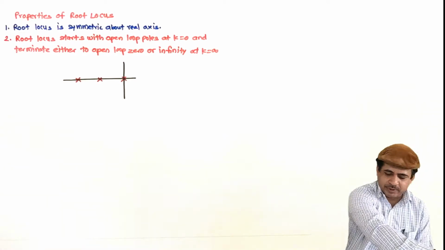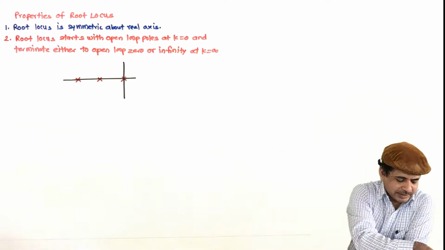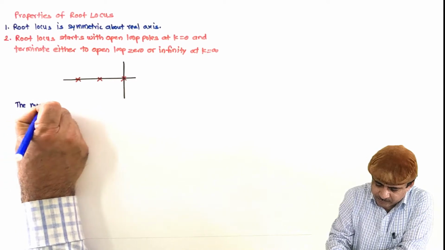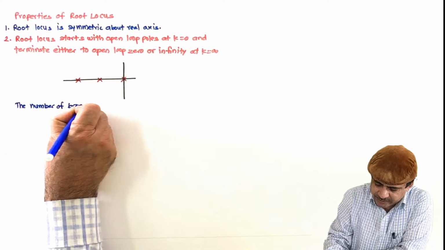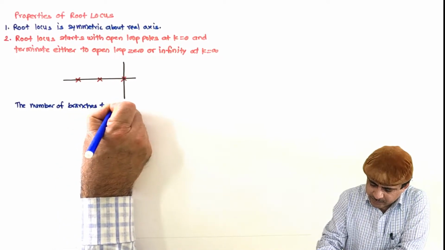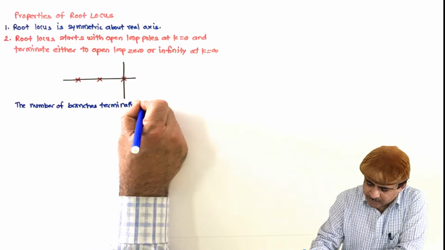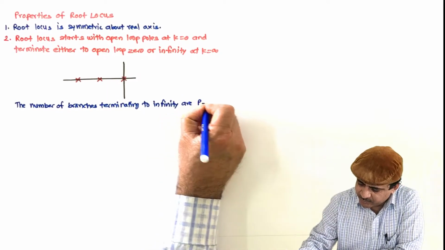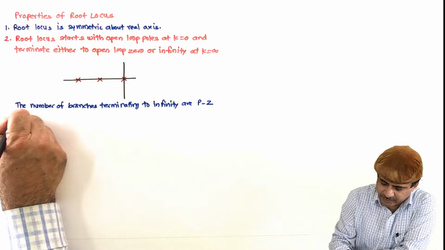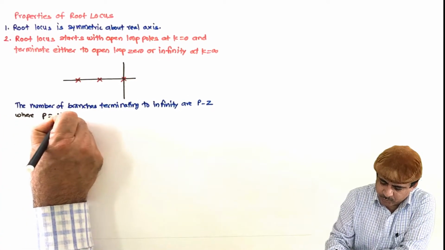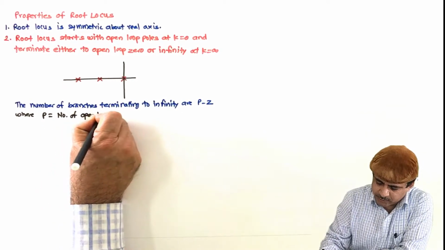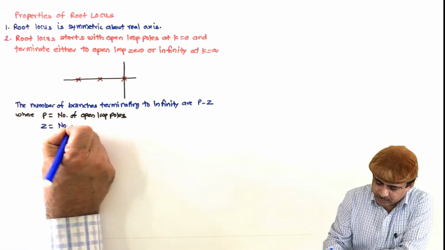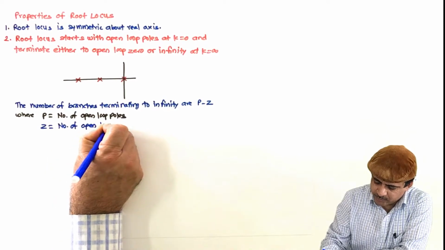And that means none of the poles can move to a zero and all the poles will move to infinity. So, in continuation to this property, what we can say is that the number of branches terminating to infinity are p minus z, where p equals the number of open loop poles and z equals the number of open loop zeros.